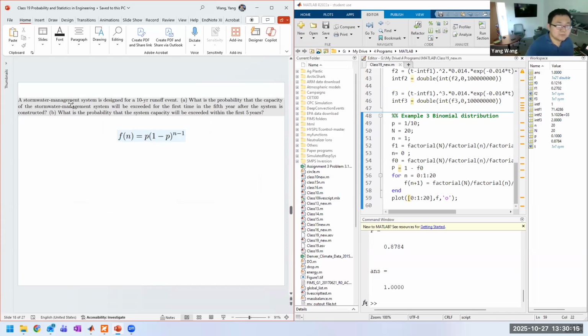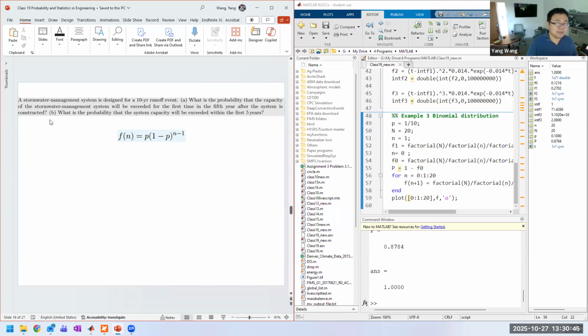A similar example: let's say a stormwater management system is designed for a 10-year runoff event, so P is going to be 1/10. What is the probability that the capacity of the stormwater management will be exceeded, basically the system fails for the first time in the 5th year after it is constructed? The system has a 10% failing rate every year.